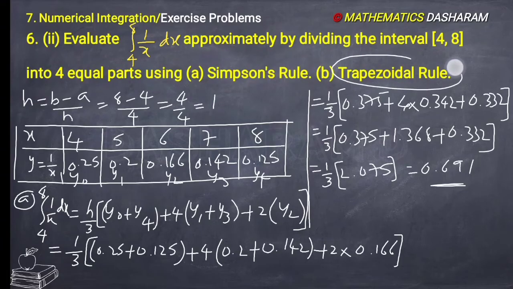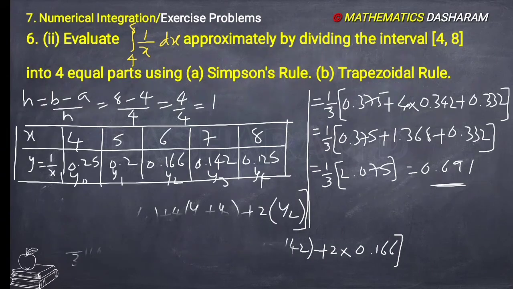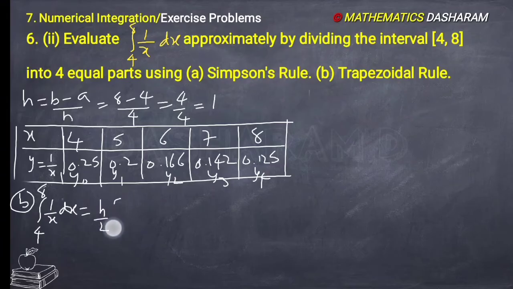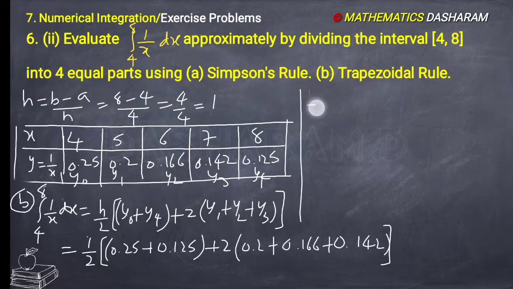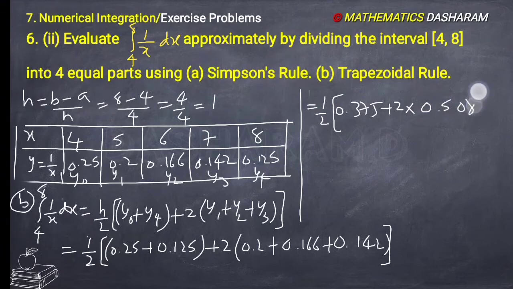Next, what is the trapezoidal rule? So the trapezoidal rule is h by 2 bracket of y0 plus y4, plus 2 bracket of y1 plus y2 plus y3. In this substitute the values. So it is equal to 1 by 2 bracket of 0.25 plus 0.125 is 0.375, plus 2 into the addition of these three decimal numbers, which is 0.508.